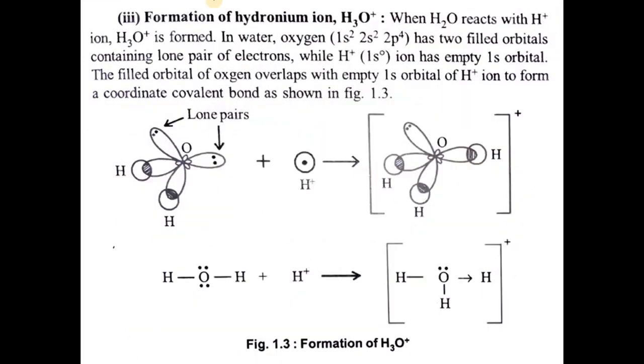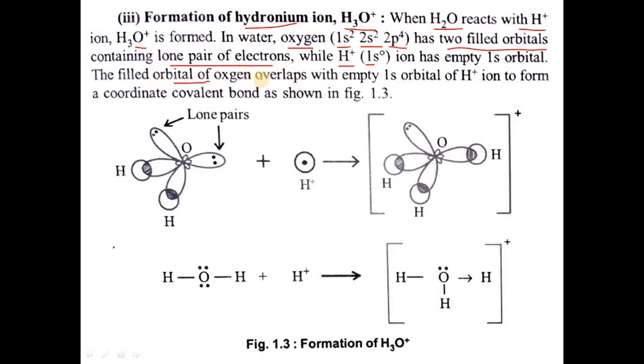The last example is the formation of the hydronium ion, H3O plus. When water reacts with H plus ion, H3O plus is formed. In water, oxygen, atomic number 8, has electronic configuration 1s2, 2s2, 2p4, so it has two filled orbitals containing lone pairs of electrons, while H plus, with 1s0 configuration, has an empty 1s orbital.